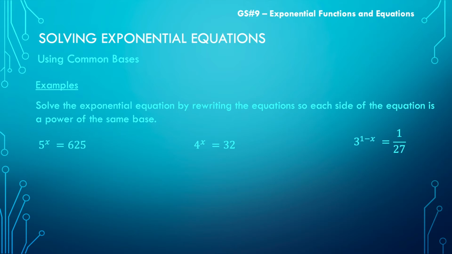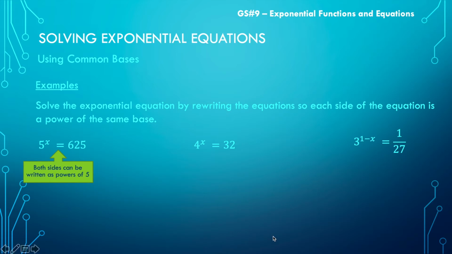All right, so here are 3 examples of problems that can be solved using common bases. For the first one, we are going to examine the equation and see if both sides can be written as a power of the same base. In this case, it's a pretty simple equation, and we can say that both sides can be written as powers of 5.